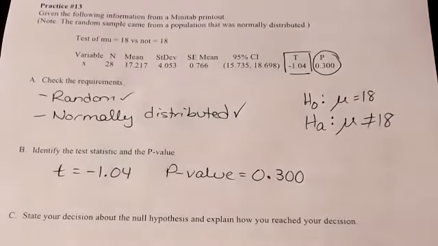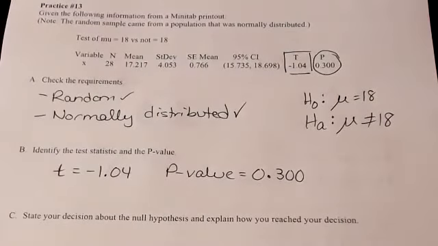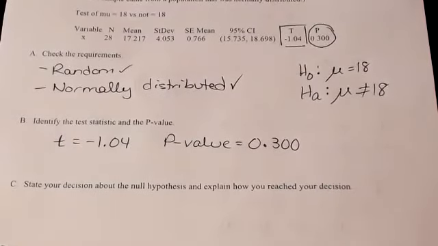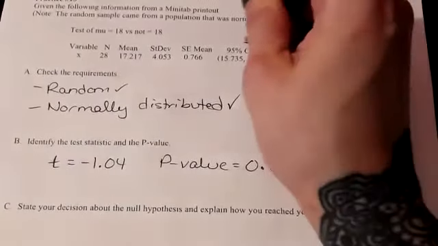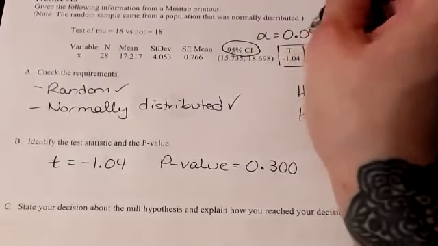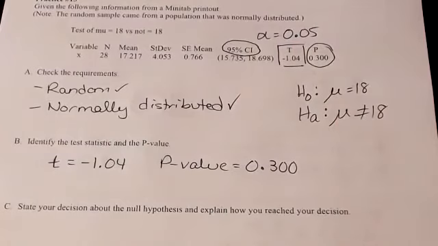Good, perfect. We are going to compare the p-value with our alpha. If you're wondering what your alpha is, look at your confidence interval percentage. You're told 95% confidence interval, which implies that your alpha is 5% or 0.05.